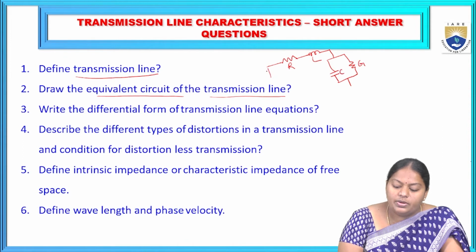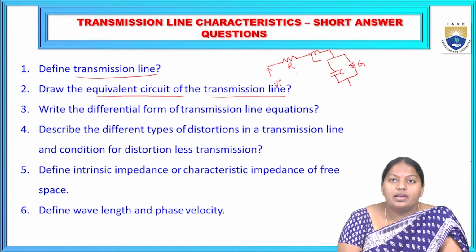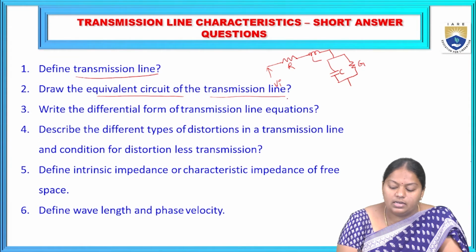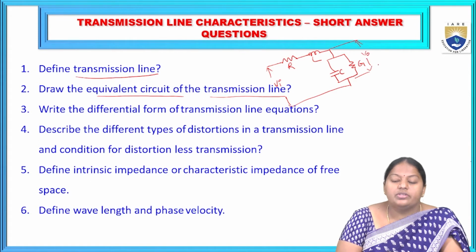So the series elements are resistance R and inductance L, and the capacitance C and conductance G are connected in shunt, and this is the equivalent circuit for the transmission line.